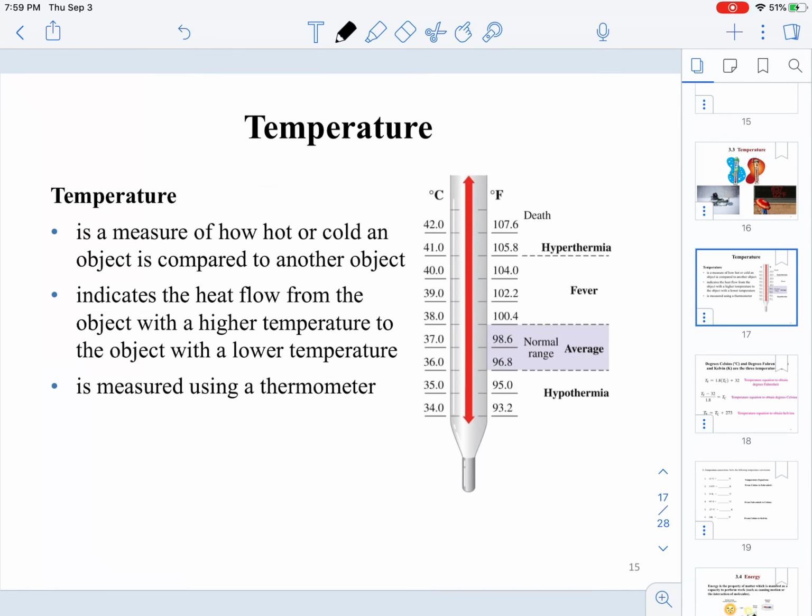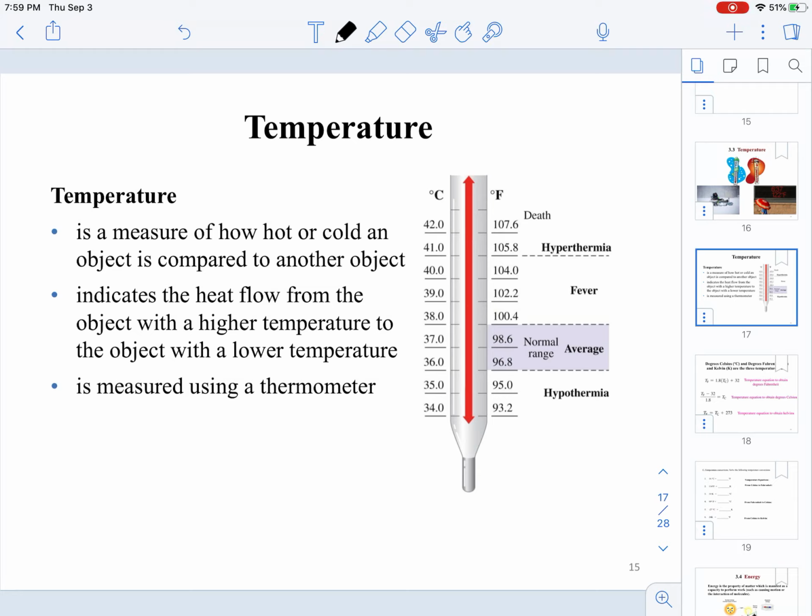Now, when it comes to temperature, understand that temperature is a measure of how hot or cold an object is when we compare it to another object. It indicates the heat flow from the object with a higher temperature to the object with a lower temperature.